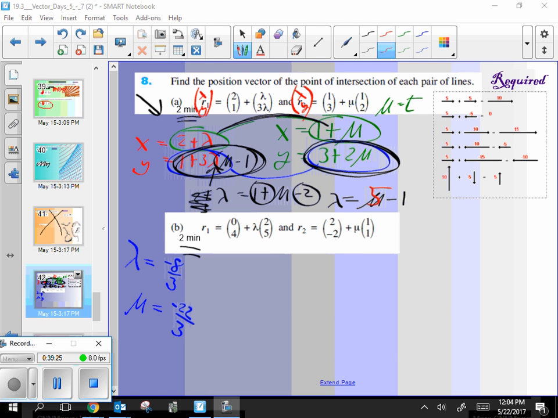Remember, I told you that they would intersect. So now I know the times. How do I get the actual intersection point? I take lambda is 4, and I stick it here. And that tells me 4 plus 2 is 6, comma, 12 plus 1 is 13 is where they intersected. 6, 13 is where the two vectors crossed.